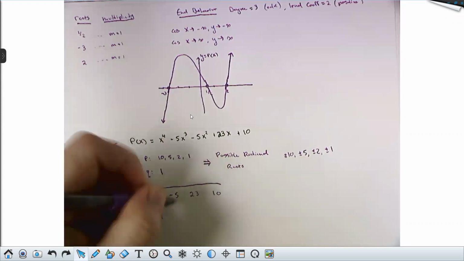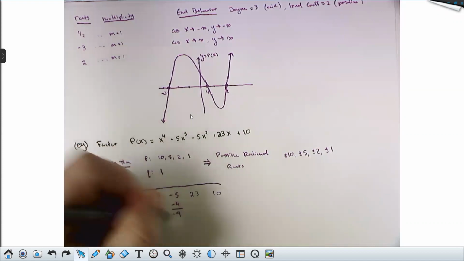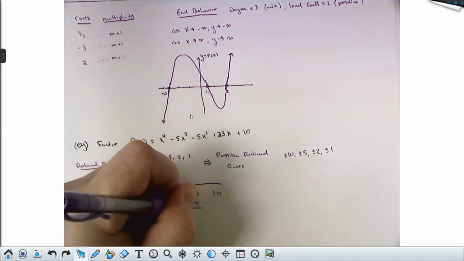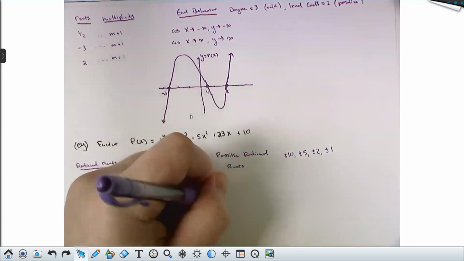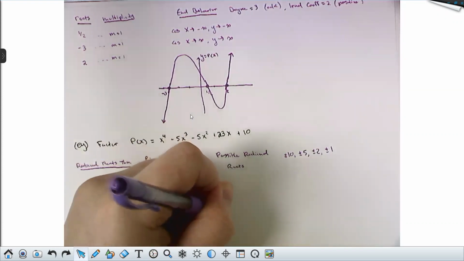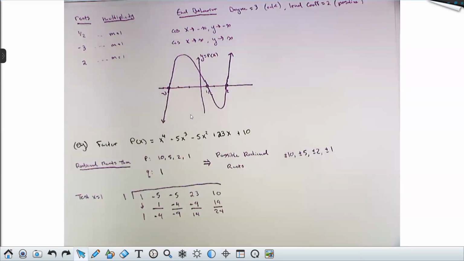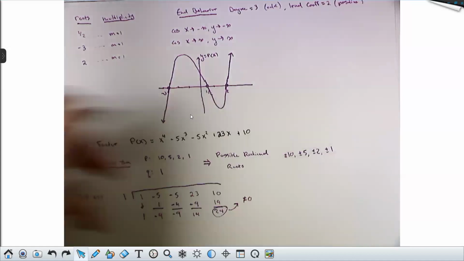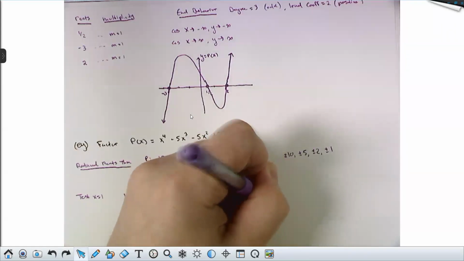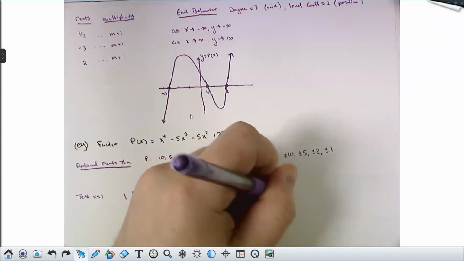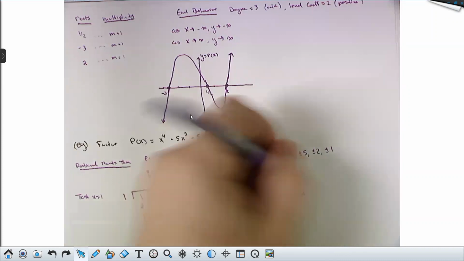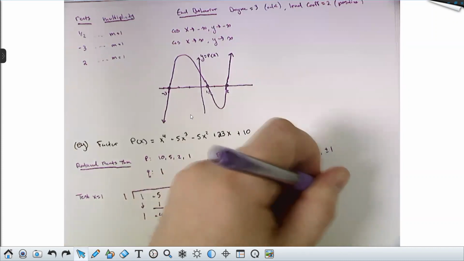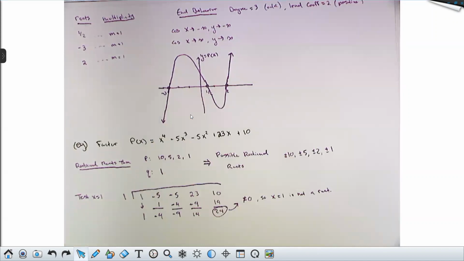Times 1 is -4, plus -5 is -9, times 1 is -9, plus 23 is 14, times 1 is 14, plus 10 is 24. And since this is not 0, we know that x equals 1 is not a root. So we move on.